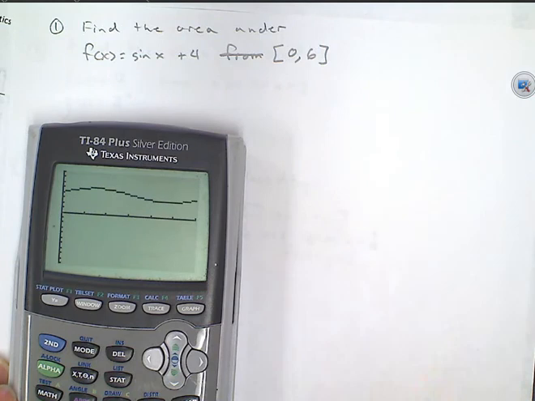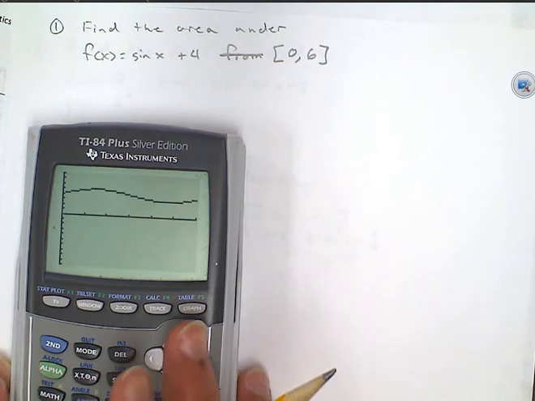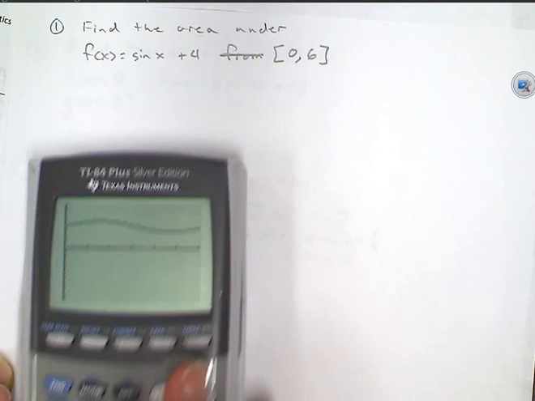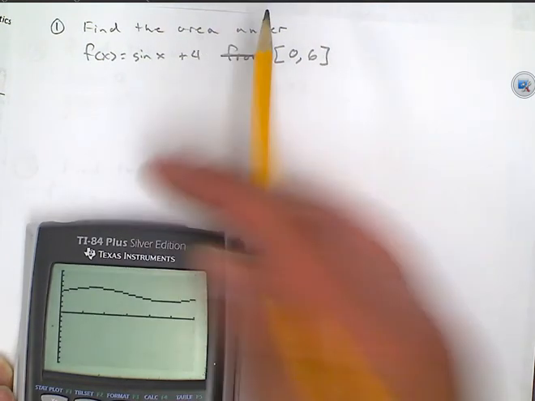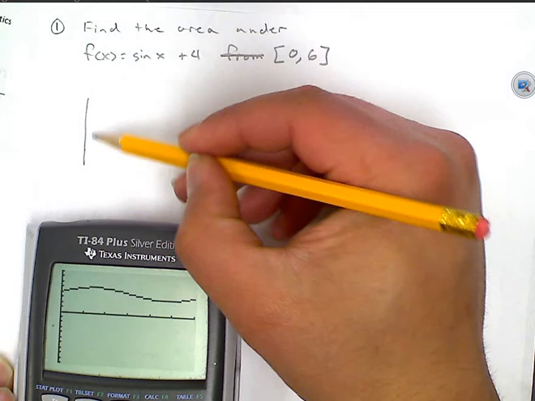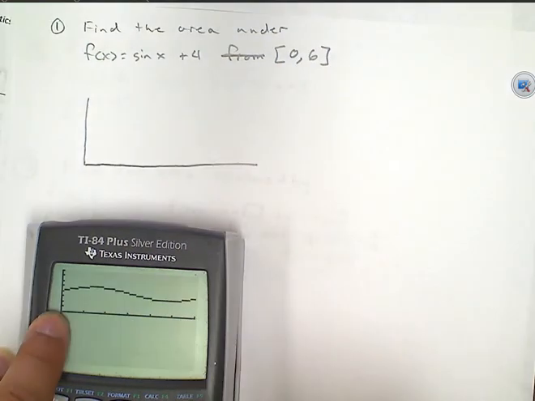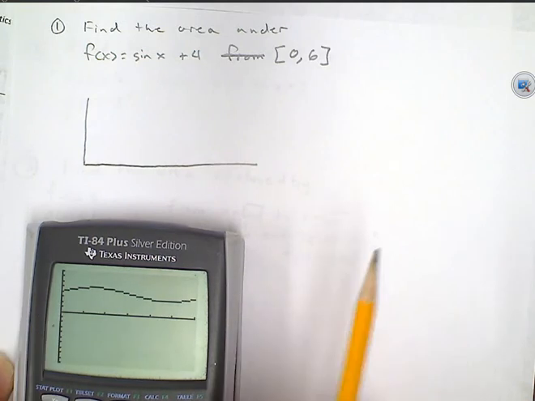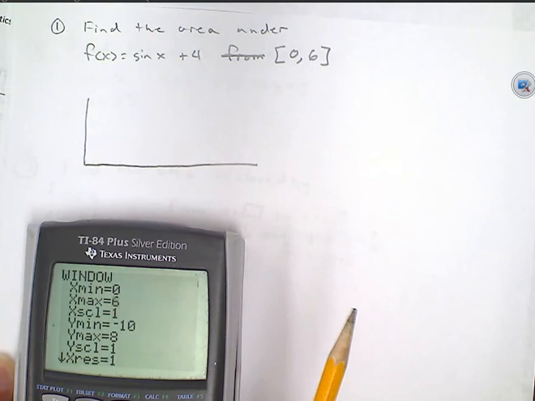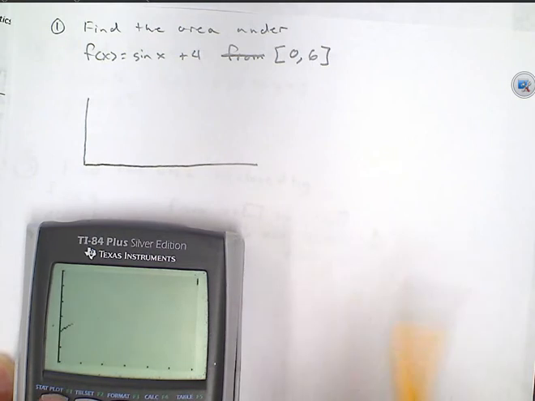Alright, so this is all we need to sketch basically. And I can make it look better by maybe doing the y min at 2. So window y min 2. They got a better curve going there now.